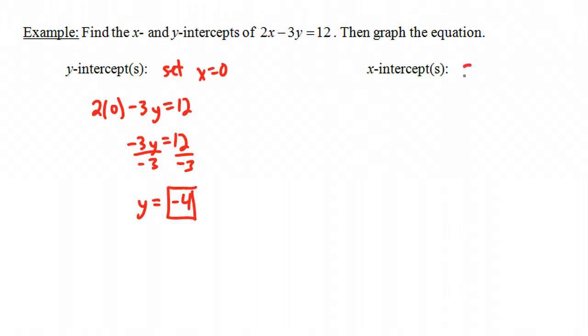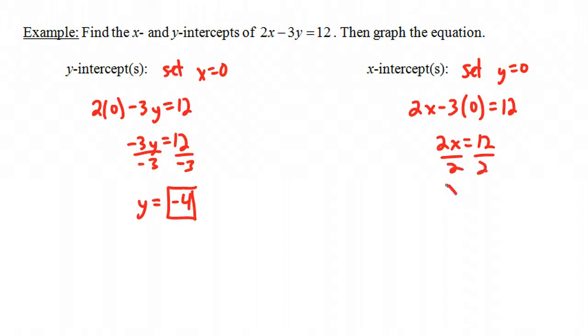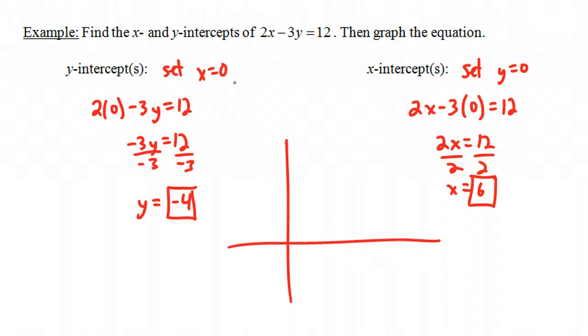The x-intercept, we set y equal to 0. And we have 2 times x minus 3 times 0 is equal to 12. We get 2x is equal to 12, so x is equal to 6. Okay, so the x-intercept is at 6. Okay, just as a quick graph, it turns out that the graph of this is actually linear.